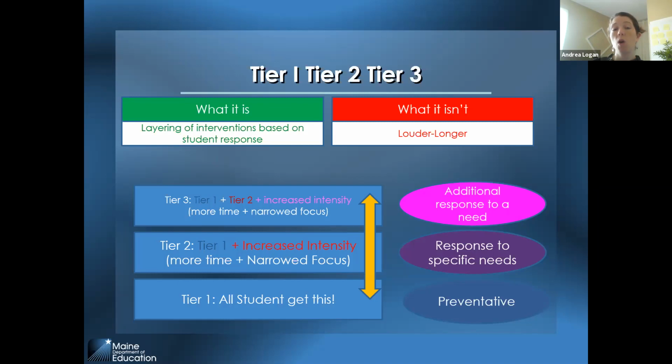Now, decision rules apply in the preventative setting as well, because before we can subject the student to additional layers of support, we have to make sure that the preventative layer of the MTSS system is working at least 80% capacity. So when you have students that are struggling with writing, for example, one of the first things that the MTSS team should do is to step back and look at the classroom as a whole.